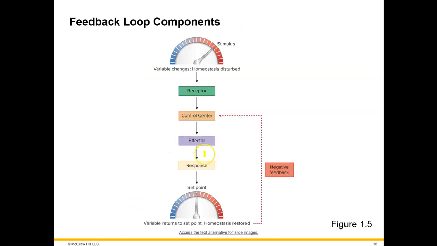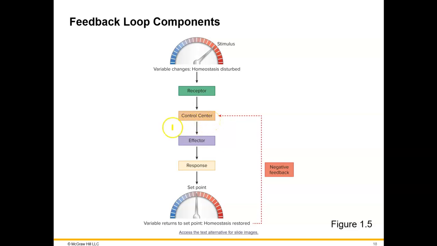So let's just say whatever the variable is, whether it's body temperature or blood glucose, homeostasis is disturbed. The receptor is going to detect that the stimulus or the variable went too high or too low. The control center is going to receive that information and decide what to do with it.